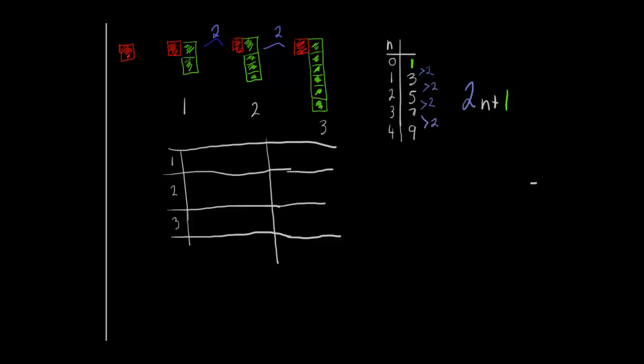Okay, so now we want to suppose that we are going to use this to solve. So let's suppose that our pattern is 2n plus 1, which is equal to, let's say, 35.